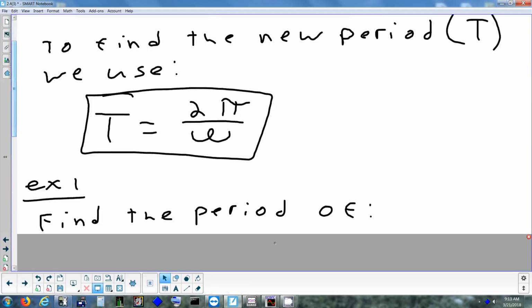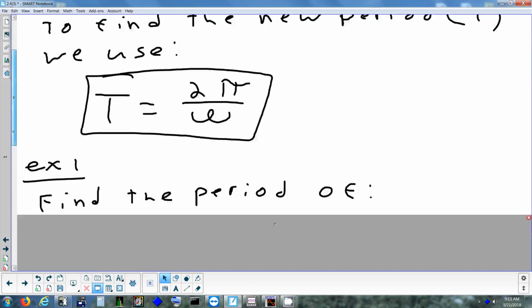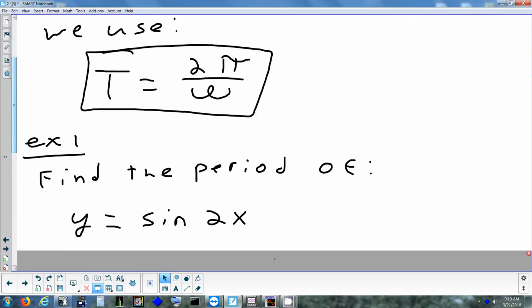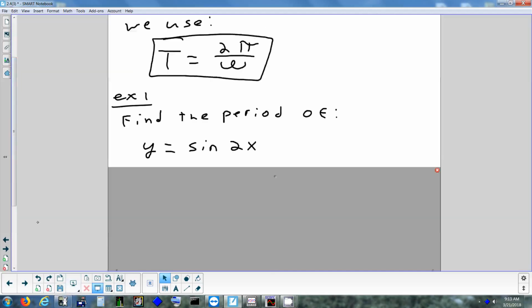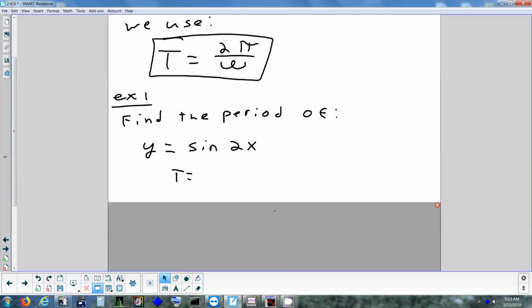So this is the second type of question you're going to see on the test. That is not a graphing question. It's going to give you an equation and just ask you to find the period. So we just have to use the formula up above. Okay, so let's do the first one.